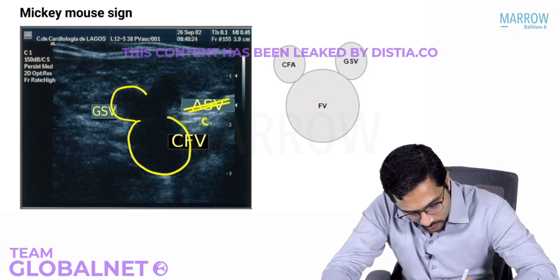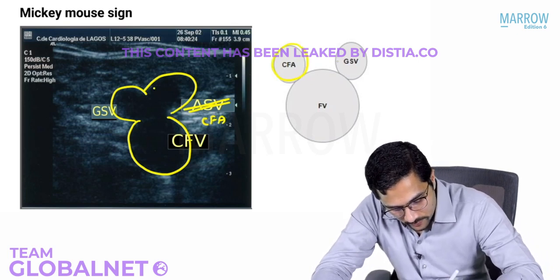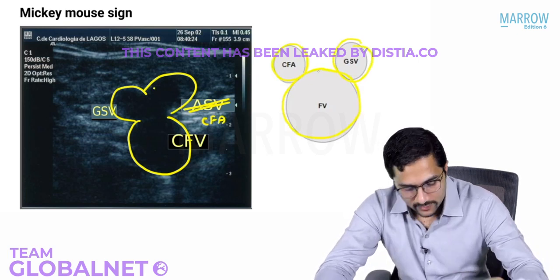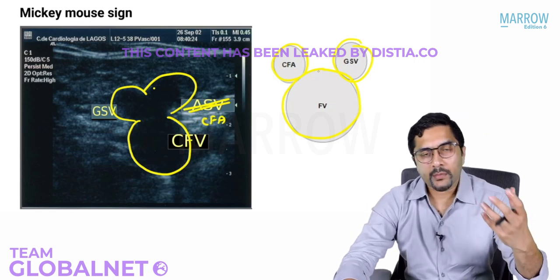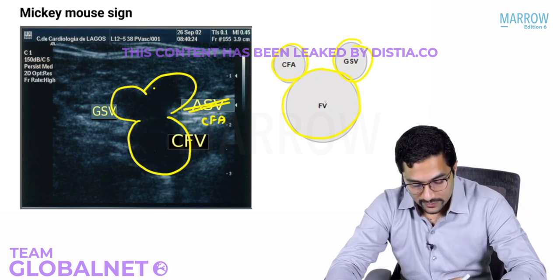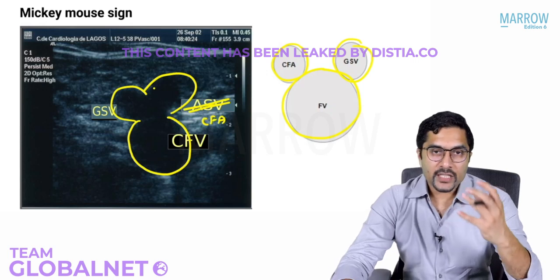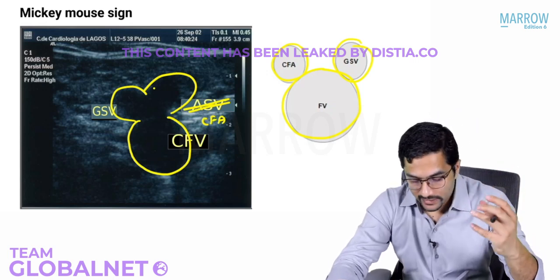The common femoral artery will be visualized, and this gives us the Mickey Mouse sign in patients with varicose veins, or even normally in a normal person also you will see these three things: the great saphenous vein, the femoral vein, and the common femoral artery. So this is the investigation which needs to be done in all patients with varicose veins.